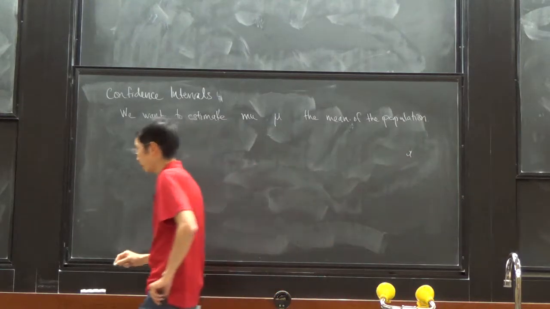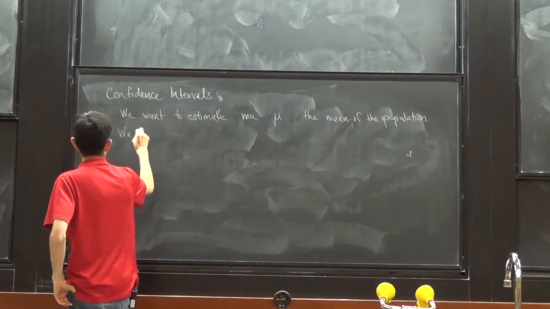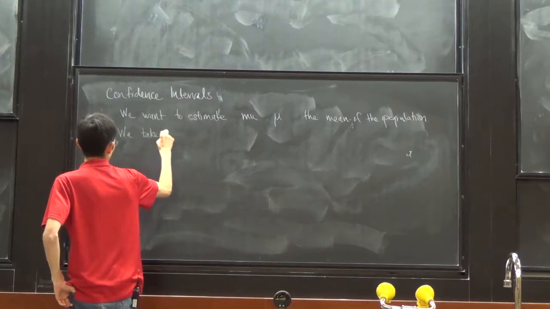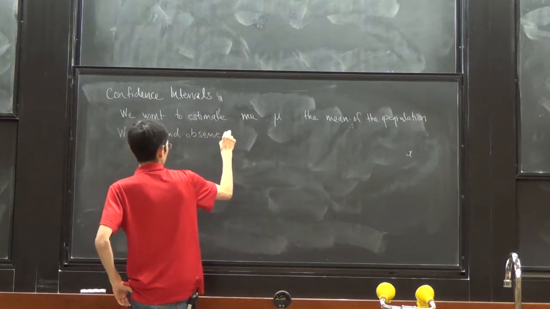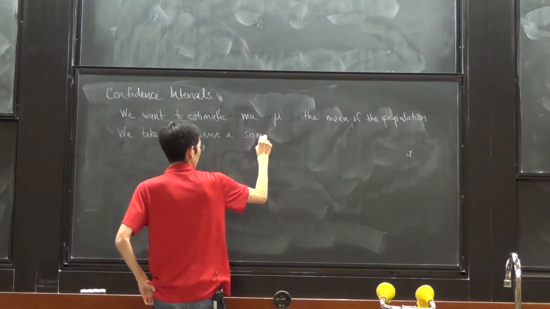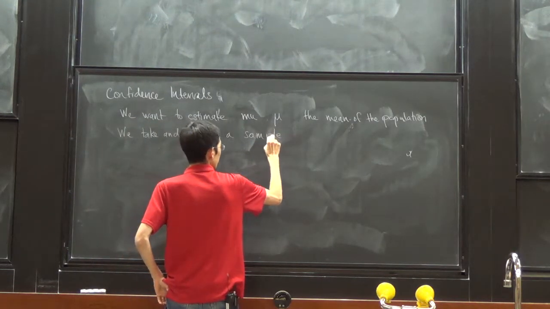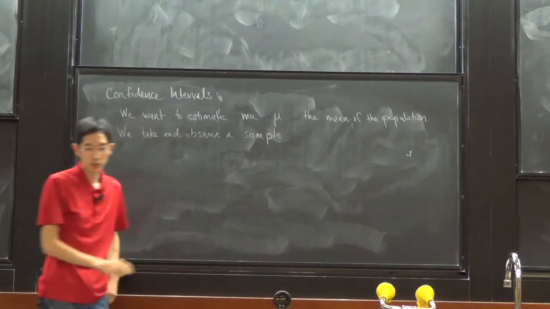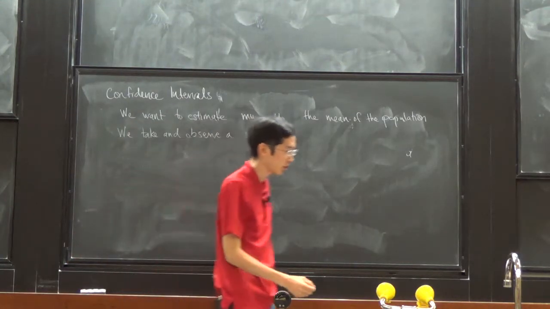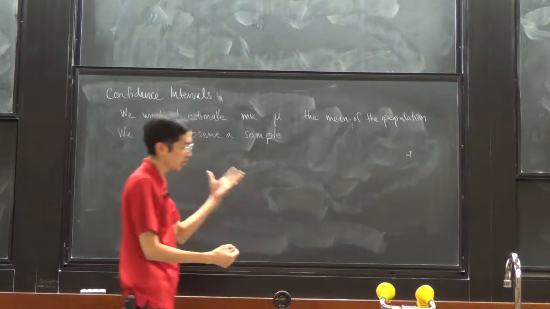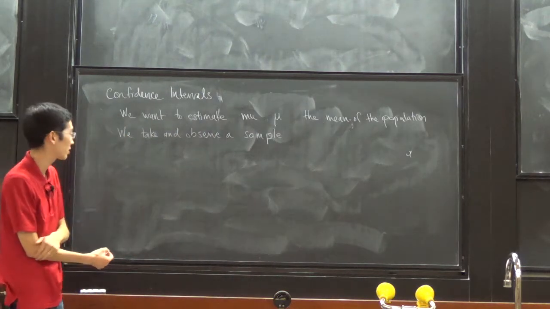We observe a sample. Okay. We assume that our sample was selected randomly, and each item in the sample is independent of the other items.